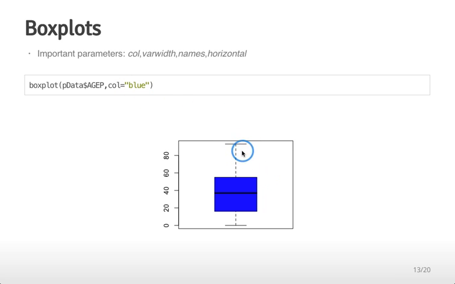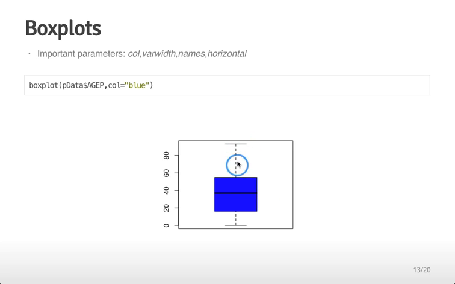So what you see here is the box plot of the ages for this study that we're looking at. And what you can see is that there are several different values that are encoded in this box plot. The thick line in the middle of the box plot is the median. So that is a measure of the center of the distribution, and in this case, it's just under 40. You also see the 75th percentile and the 25th percentile of the data as the upper and lower bounds of the box.